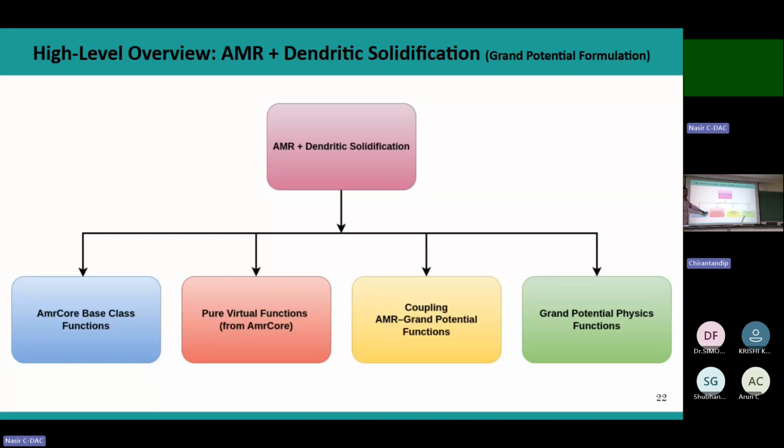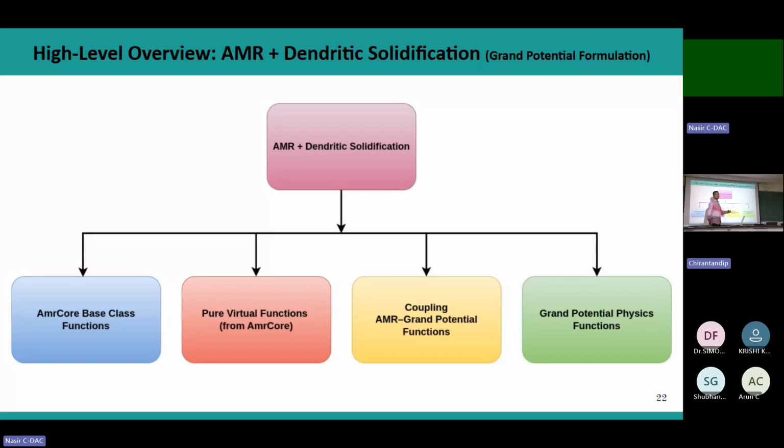Here I use 5 functions. There is one class named AMR code. I use some functions from this class which are already in Apex. Then in that same class there are some virtual functions. Those virtual functions we need to change for our problem. There are 5 functions; I will explain these later.